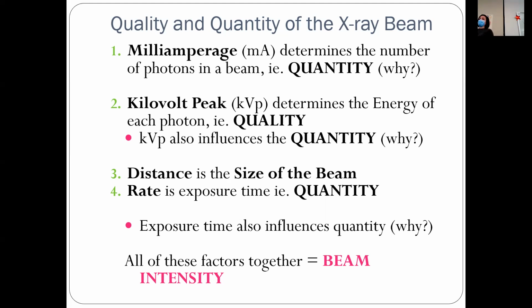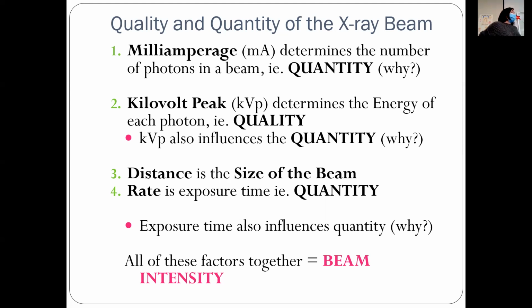So kilovolt peak, kVp, determines the energy of each photon. So this is affecting the quality of it. But kVp can also influence the quantity. And I know it says why, but does anyone have a random guess? I should at least give you a minute to just guess something.